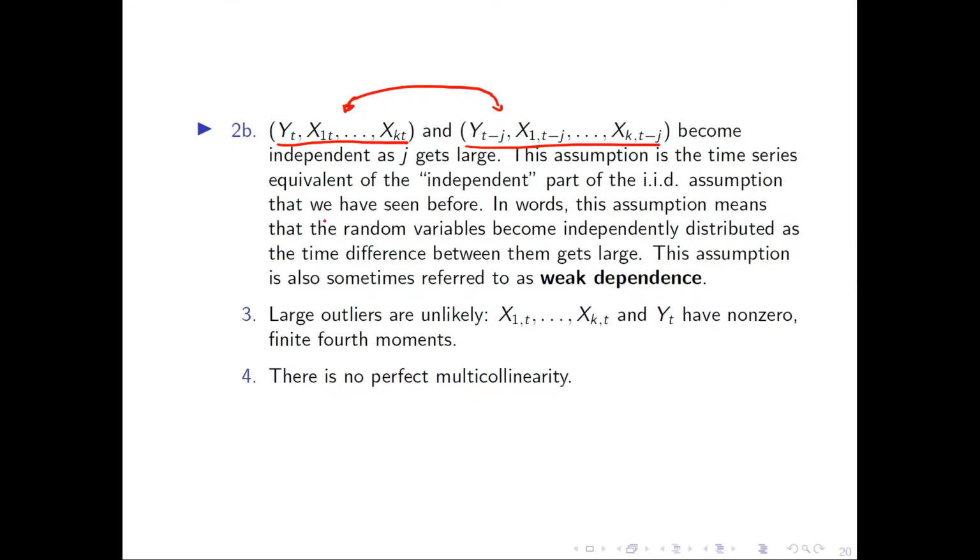So if the time span between our draws gets large, then these draws should be more and more uncorrelated.